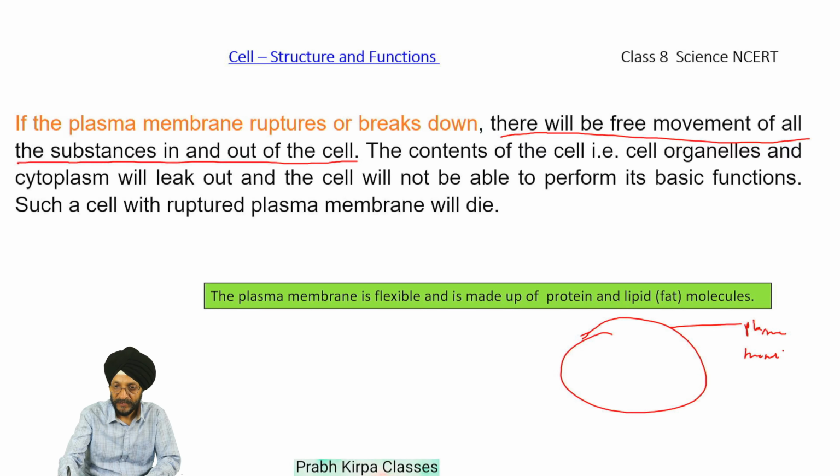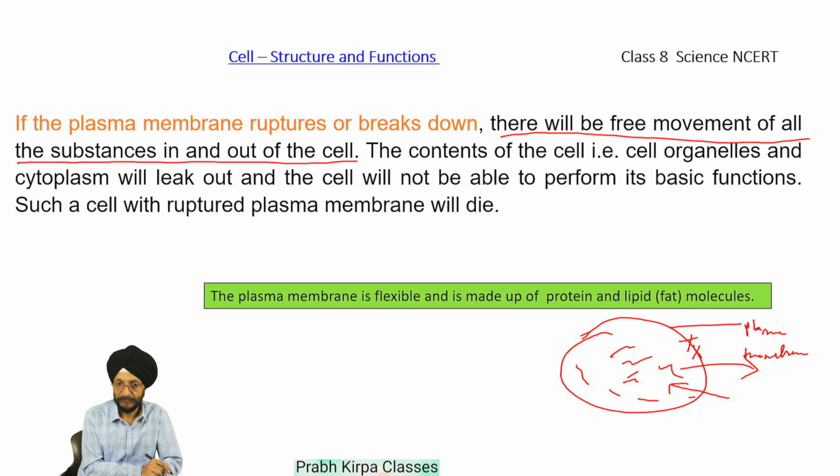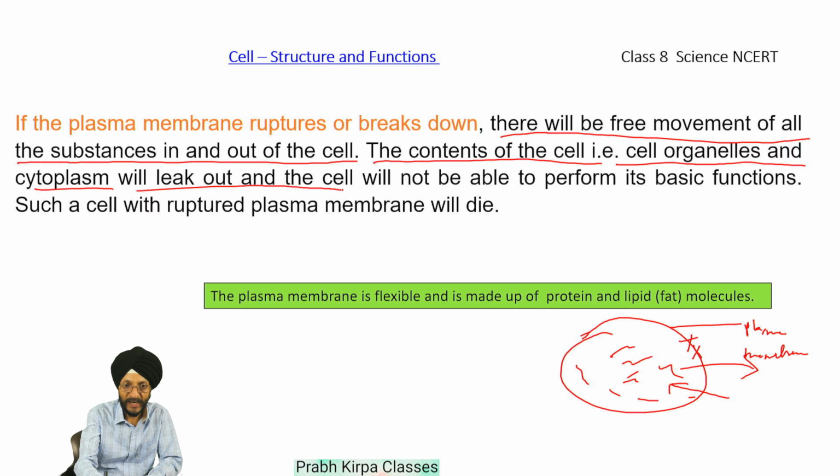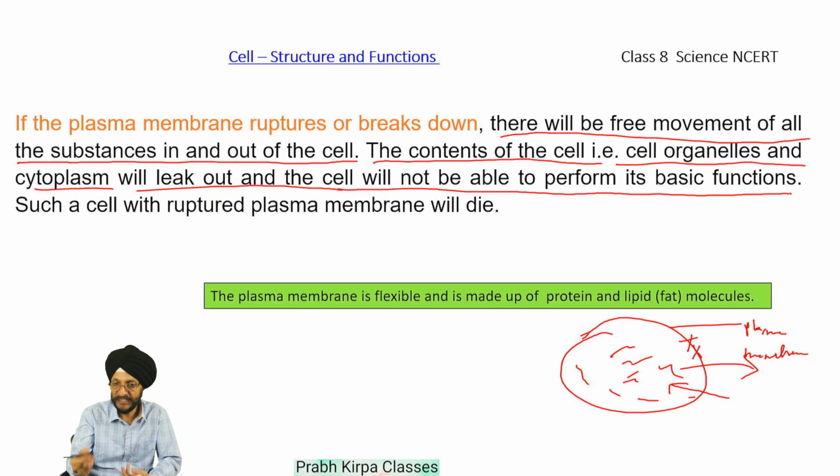If it breaks from here, all the contents, whether organelles or cytoplasm, will flow out, or whatever is present outside the cell will go inside. So the contents of the cell, that is cell organelles and cytoplasm, will leak out and the cell will not be able to perform its basic functions.